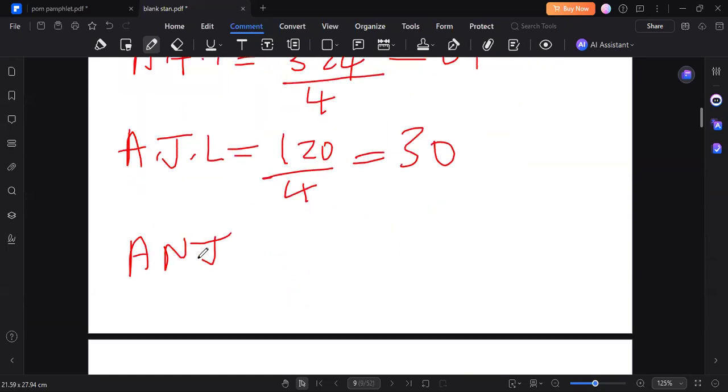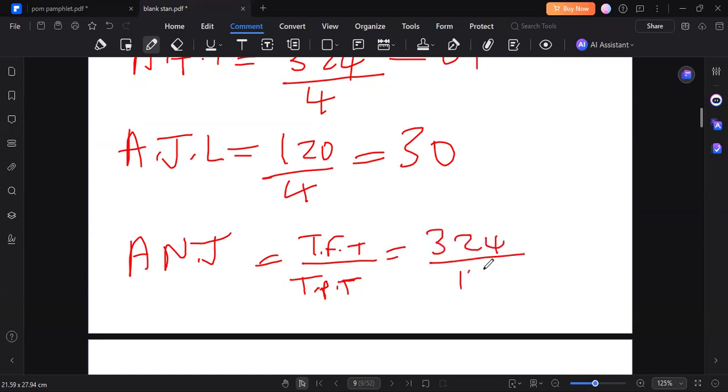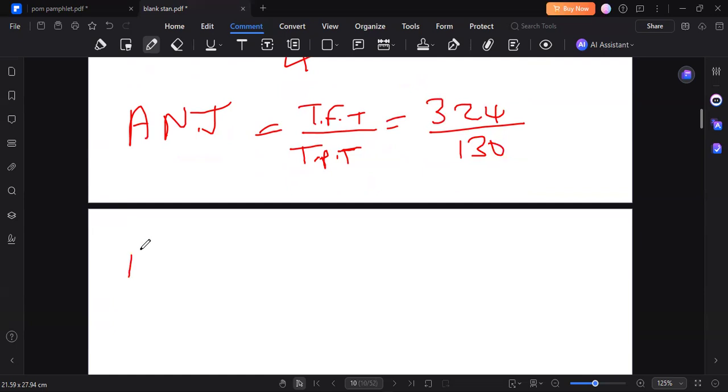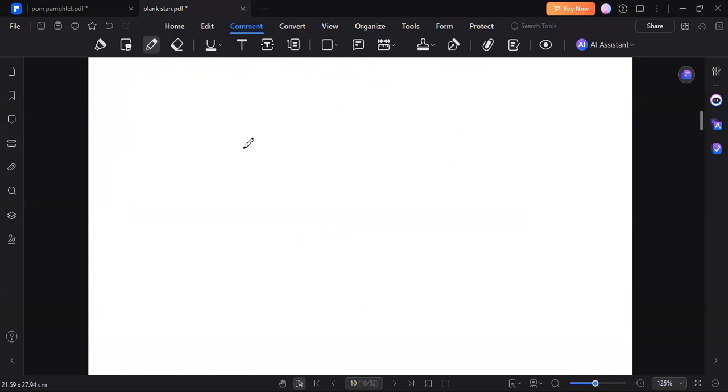Average number of jobs in the system, total flow time over total processing time. So it's 324 over 130, which is 2.49. Then what happens? We do a summary table.